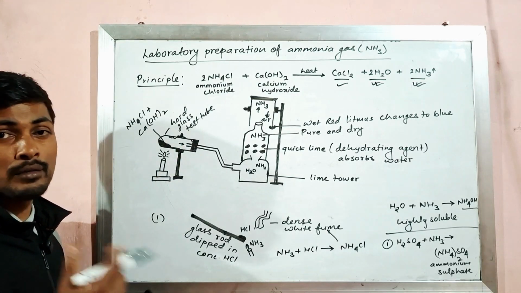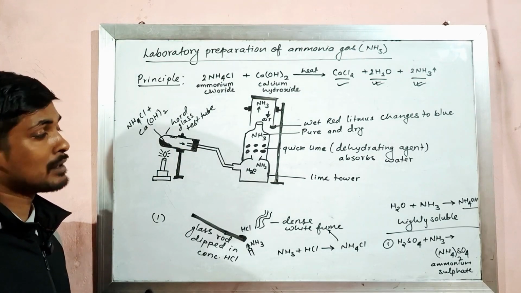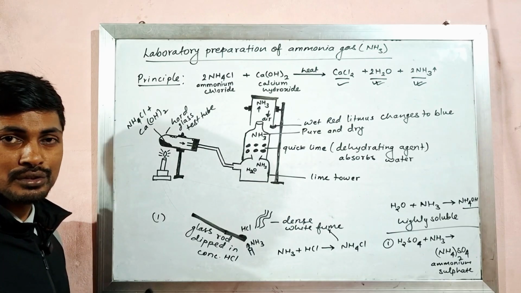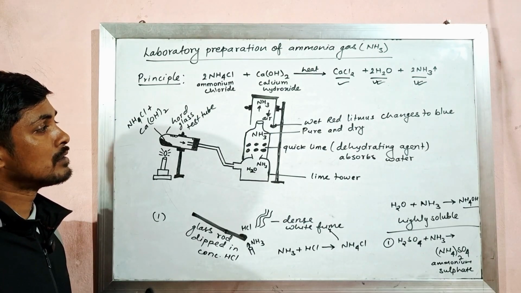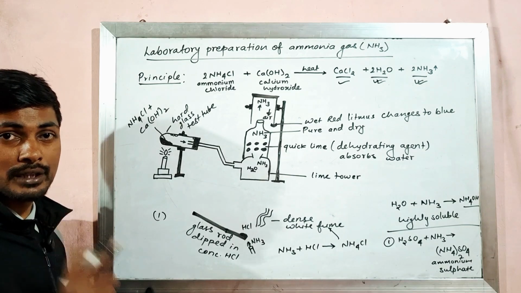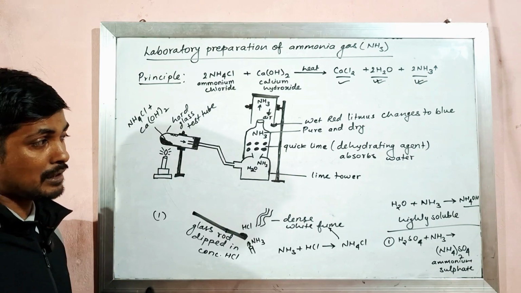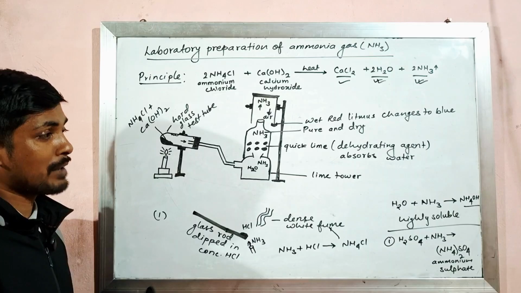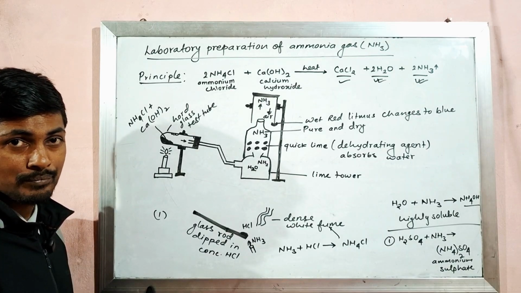So it is used in the blueprint of maps. This ammonia gas is also used in the manufacture of urea. Whenever ammonia reacts with carbon dioxide, it produces urea. So it is also used in the manufacture of urea.